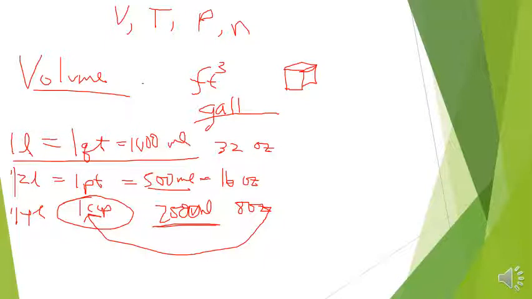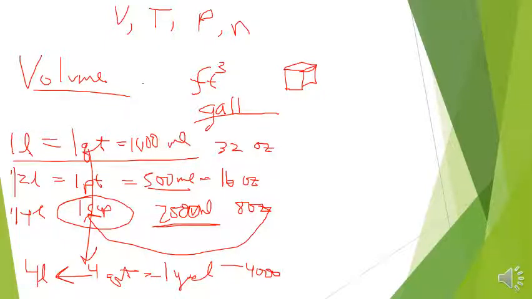Now going the other way, 4 quarts is equal to what? It's equal to a gallon, which is approximately equal to 4 liters. And that's approximately 4,000 mils. Actually, it's 3.785 liters per gallon, but you don't have to know that exactly.